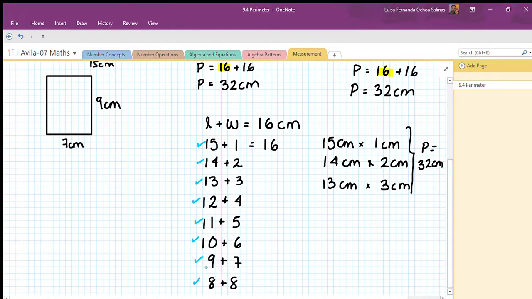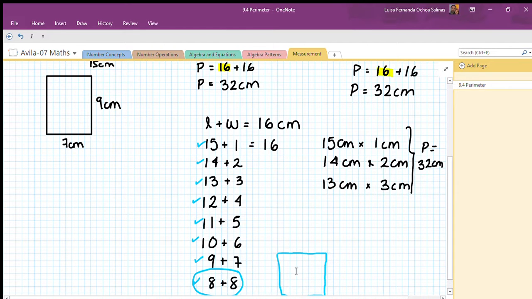But look at this one. This is a special one. Which shape is this one? This one is going to be a square. So 1, 2, 3, 4, 5, 6, 7, 8. 1, 2, 3, 4, 5, 6, 7. And of course, it's not going to work, but if I could continue here, it would be a perfect square.